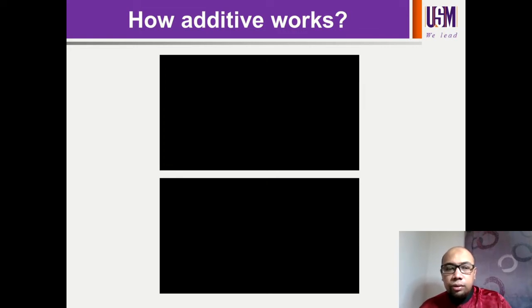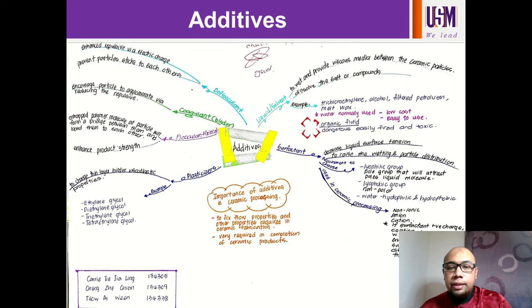Actually for additives, we have quite a number of pages of lecture notes in my PDF file, so I already summarized the additives that I wrote in my lecture notes.